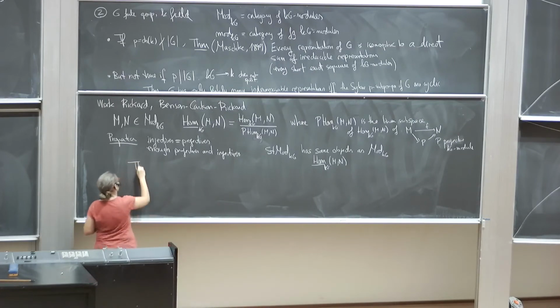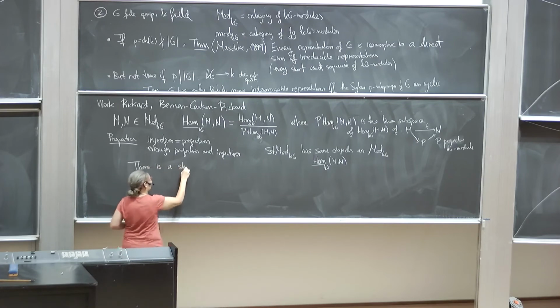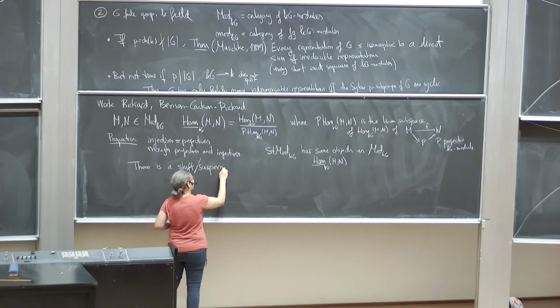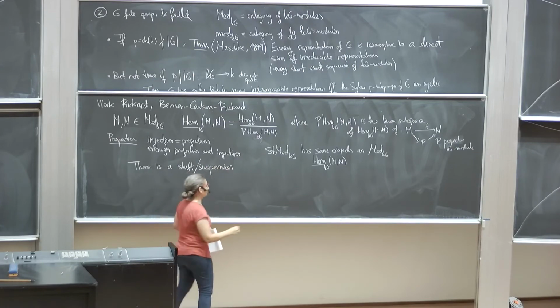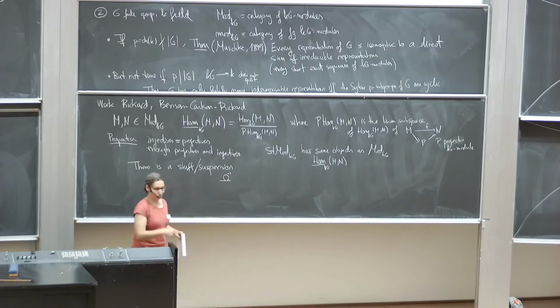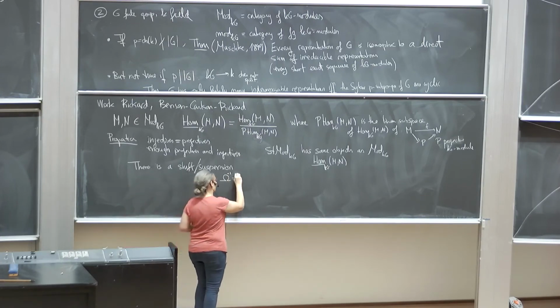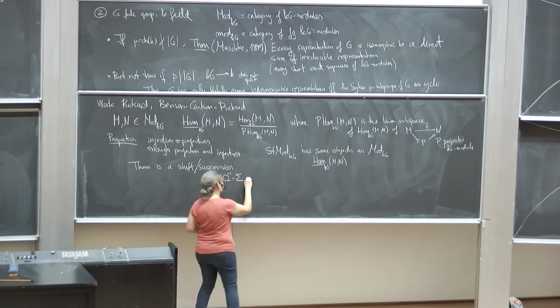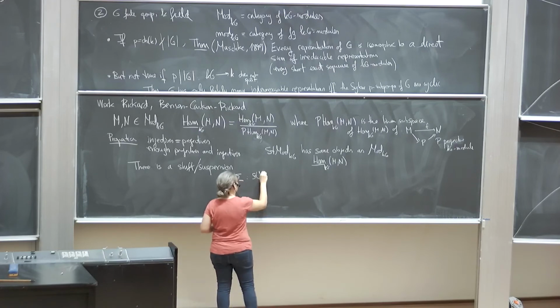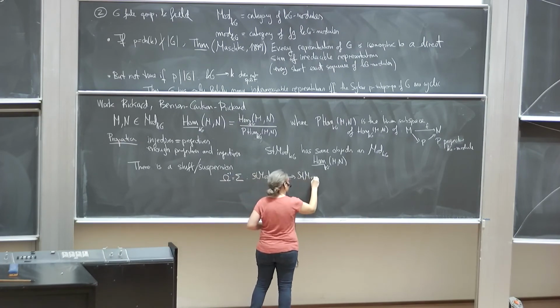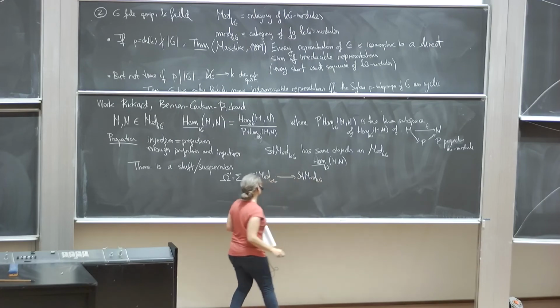There is a shift or suspension, sometimes called Omega to the minus one, or I will just call it suspension in analogy, that goes from this stable module category to itself.